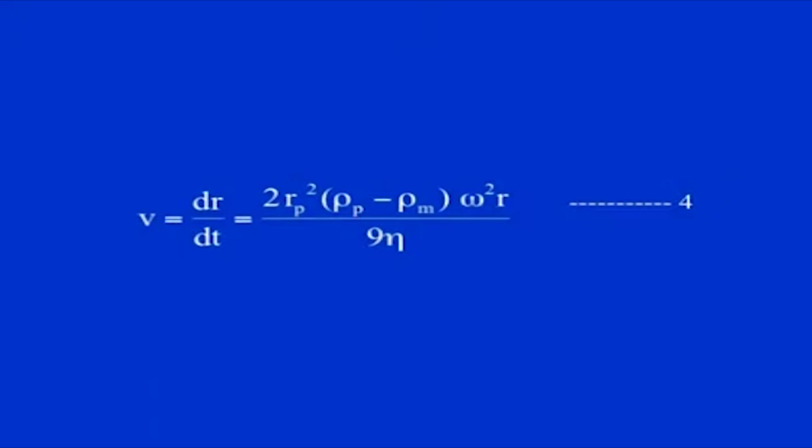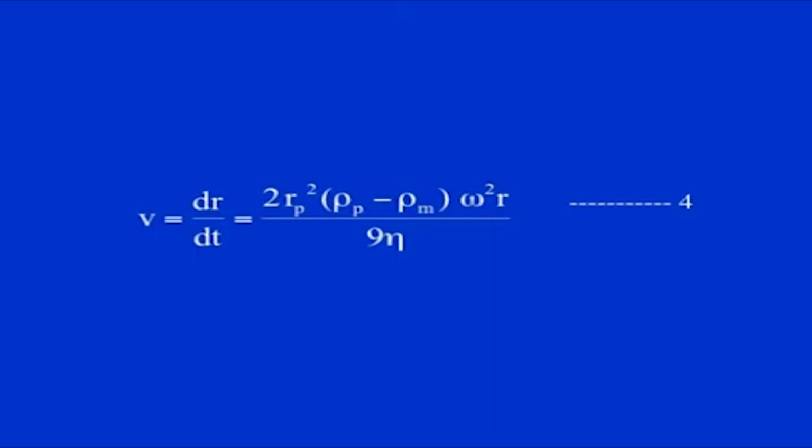Now, the sedimentation of particles, which could include many different kinds of particles, can be explained by the Stokes equation, which describes the movement of a sphere in a gravitational field. The equation given here calculates the velocity of sedimentation, and these are the various parameters utilized. Velocity is the rate of motion per unit time.